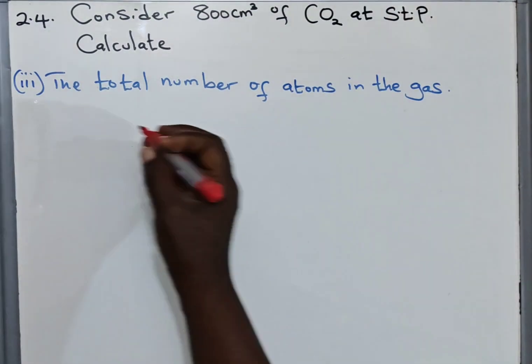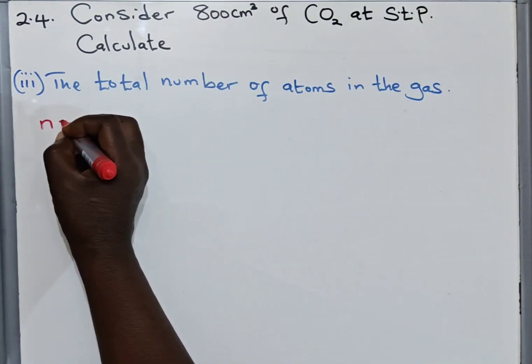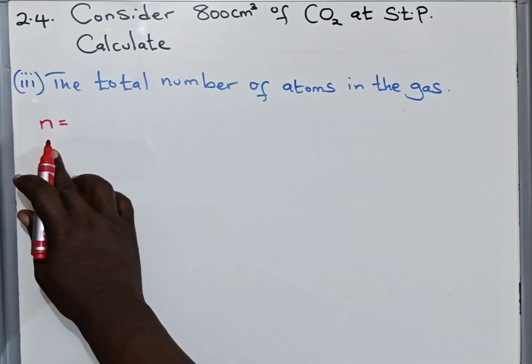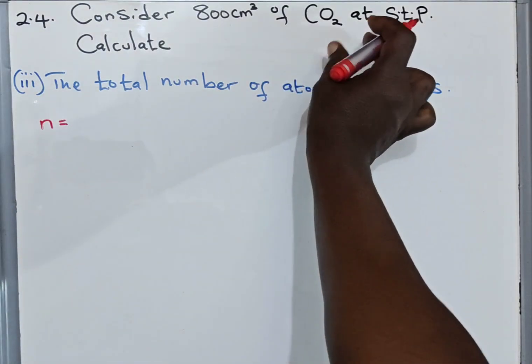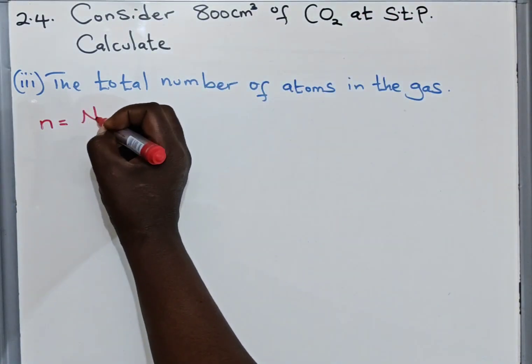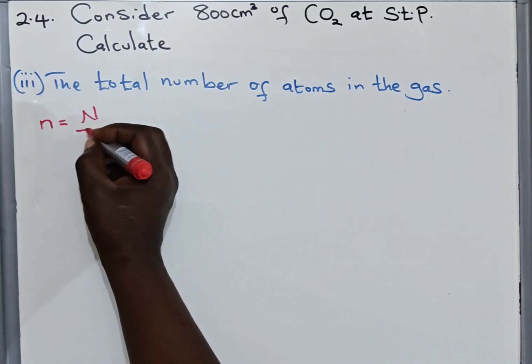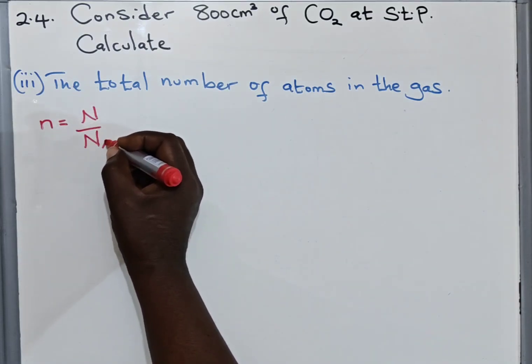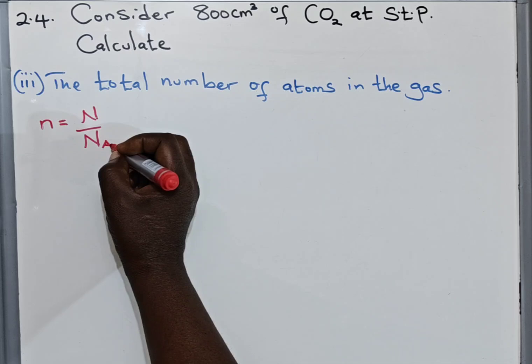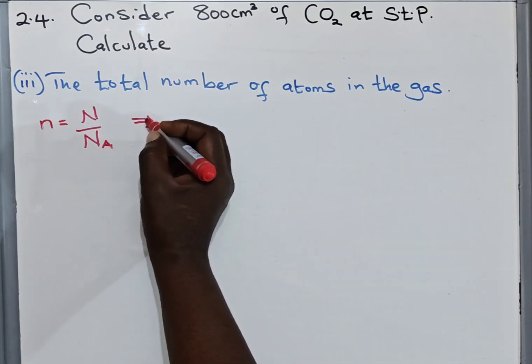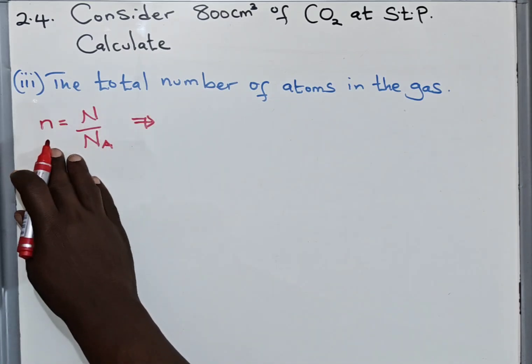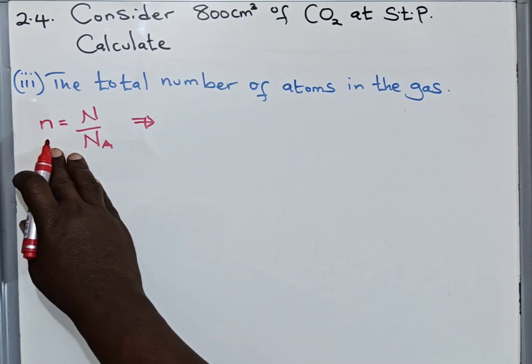We know that the number of moles, because carbon dioxide is molecular, is equal to the number of molecules over Avogadro. And we know our number of moles.